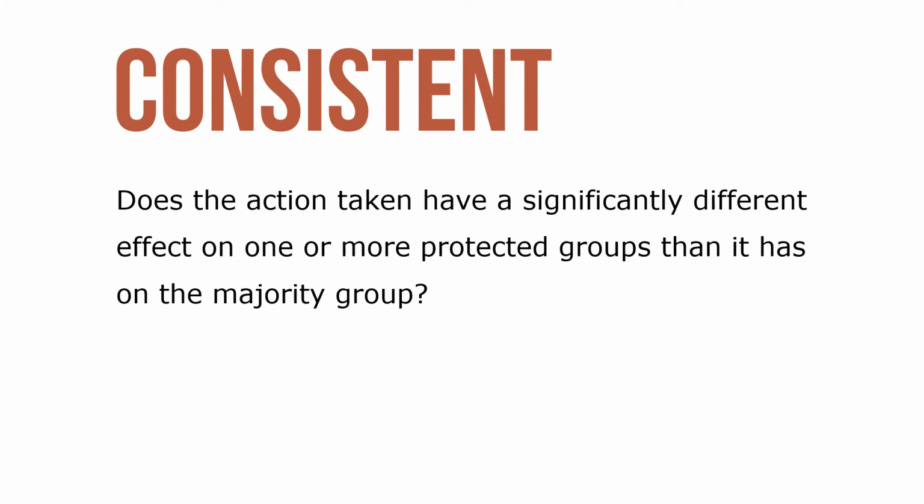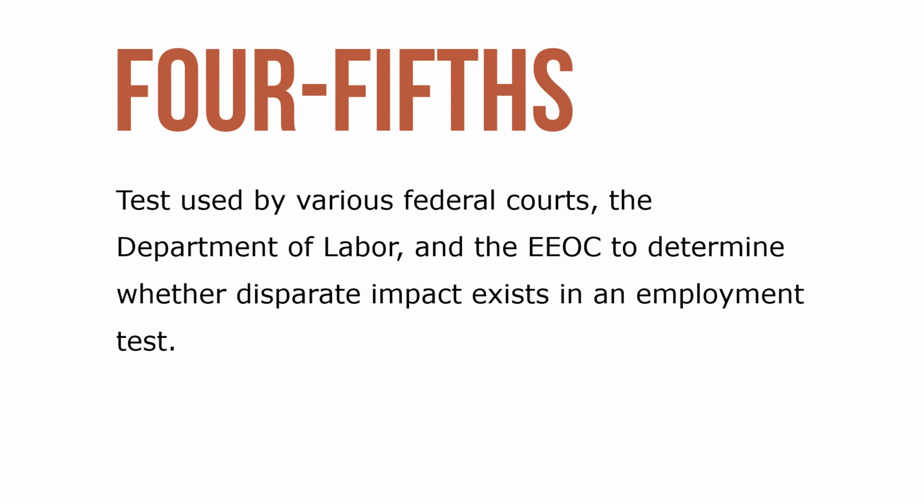Consistent in effect. Does the action take a significantly different effect on one or more protected groups than it has on the majority group? The 4/5 rule is a test used by various federal courts, the Department of Labor, and the EEOC to determine whether disparate impact exists in an employment test.